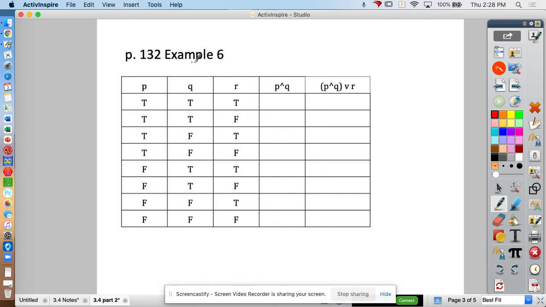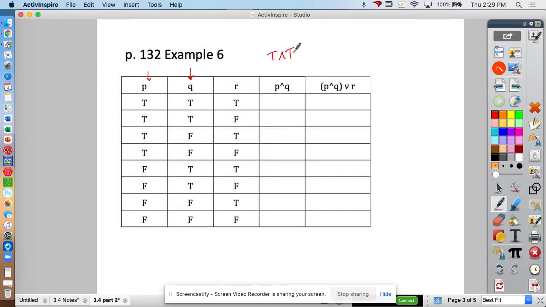All right, so if we look at page 132, if you're in your book, if not, this was on the notes that you could print out or use. P, Q, R, all of this is memorized and already given, but like I said, the rules are going to stay the same. So here I've got what's in the grouping parentheses, P and Q, and then I add the or R. So if I do P and Q, I just have to make sure which columns we're looking at, and I'm just looking at P and Q. What was the rule for and?